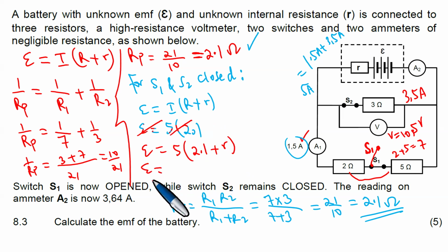Simultaneously, we can be in a position to then say, so when S1 and S2 are closed, because now switch S1 is now opened, while S2 remains closed.